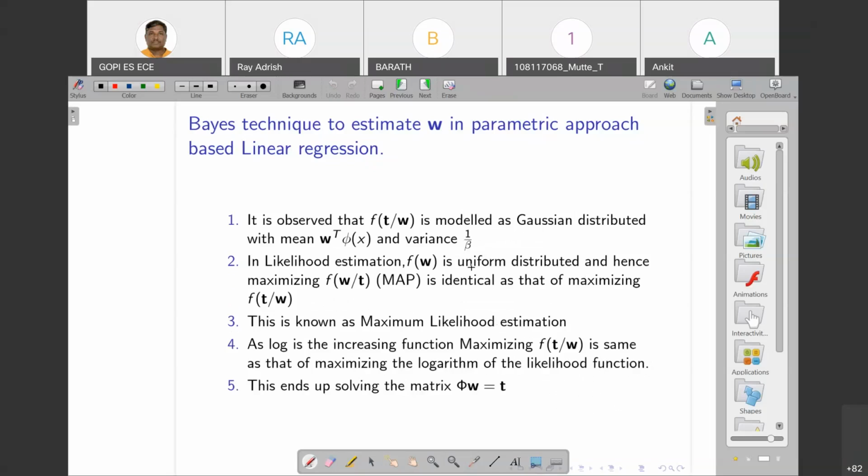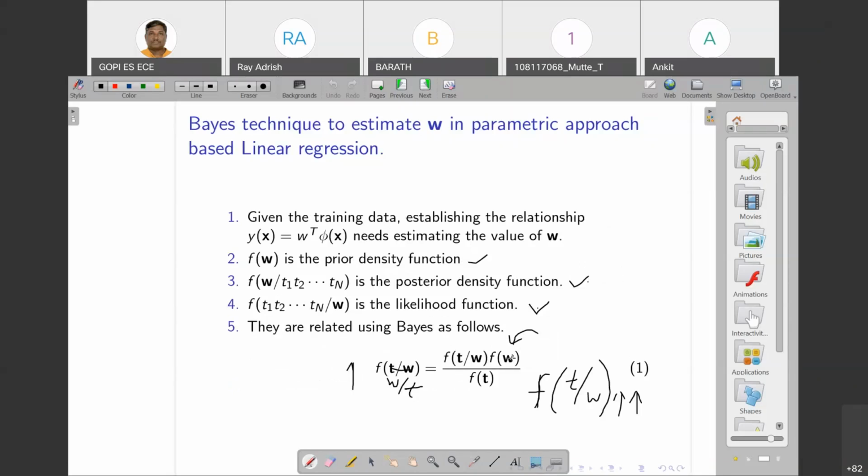And the other way to attack this problem is to model the prior f of W as Gaussian.